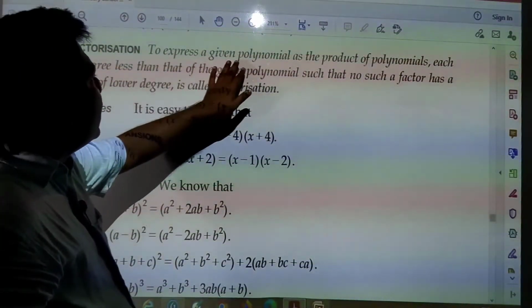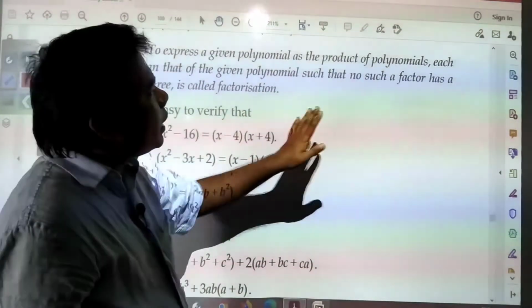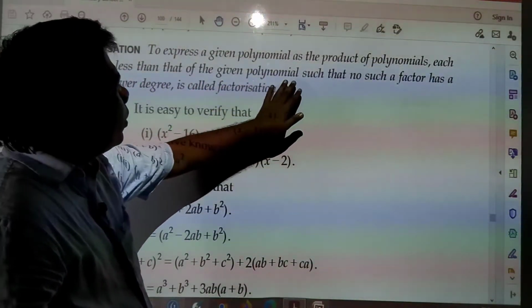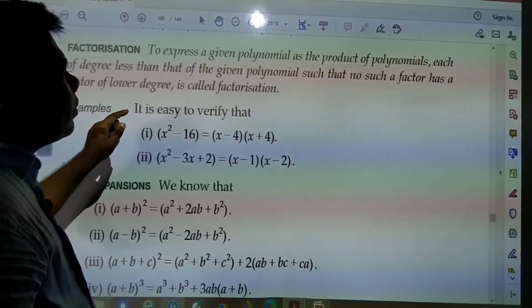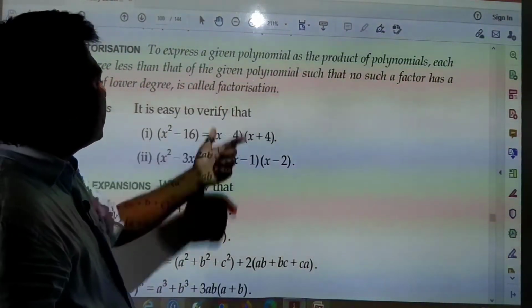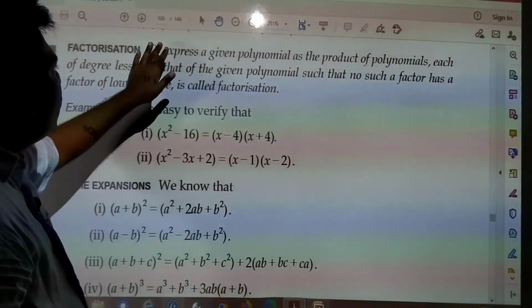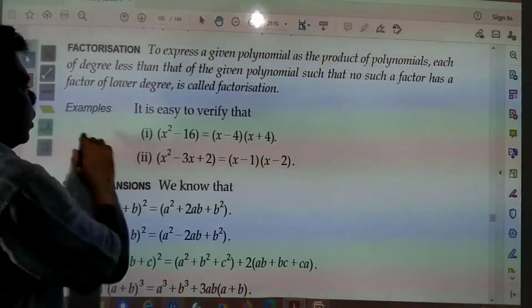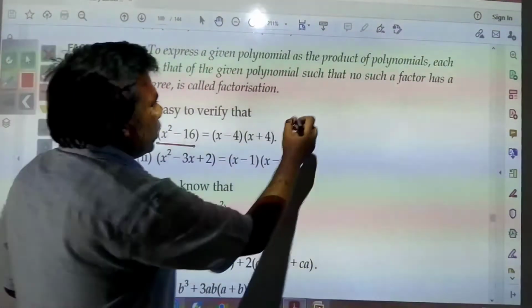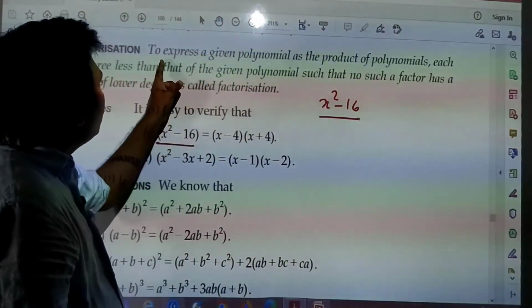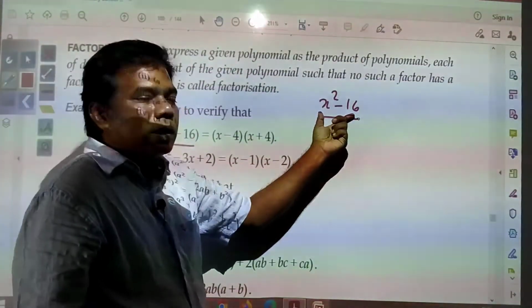Factorization: to express a given polynomial as the product of polynomials, each of degree less than that of the given polynomial, such that no such factor has a factor of lower degree, is called factorization. Try to understand again. Suppose you take the polynomial x square minus 16.